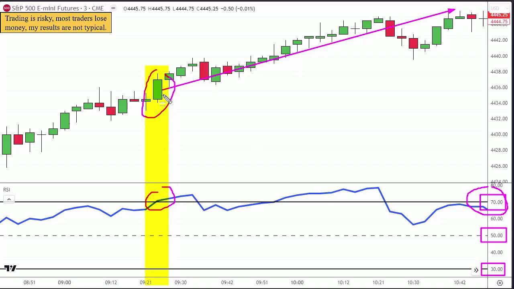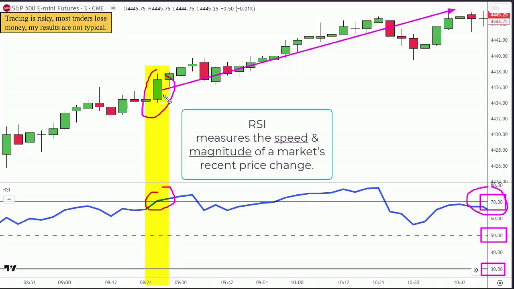Now, why is that? Well, the relative strength index is what RSI stands for. It is referred to as a momentum indicator, and what it's actually measuring is the speed and the magnitude of a stock, futures, cryptos, whatever, recent price changes.